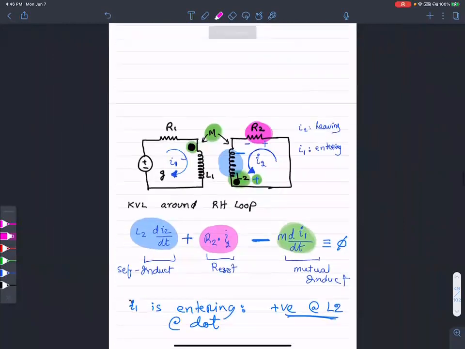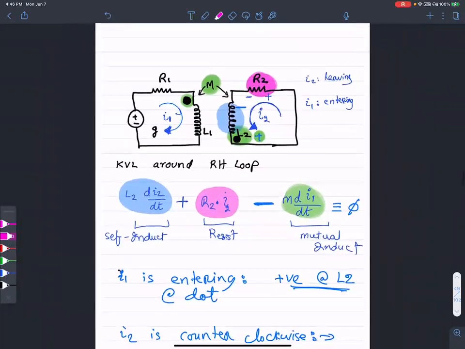All we want to remember is that when you're writing a mesh equation, KVL, in a loop that has a mutual inductance, you have to account for the self-inductance, the resistance, and also the mutual inductance component that is coming from I1.